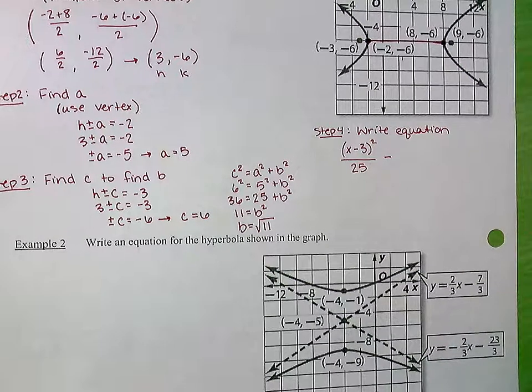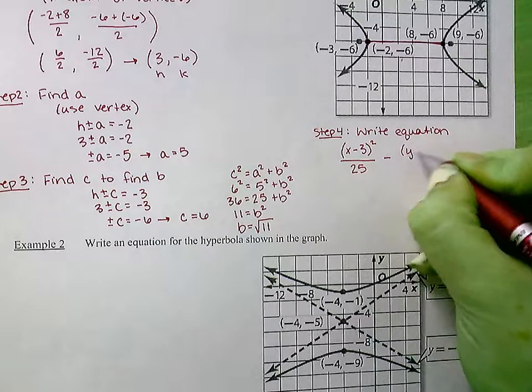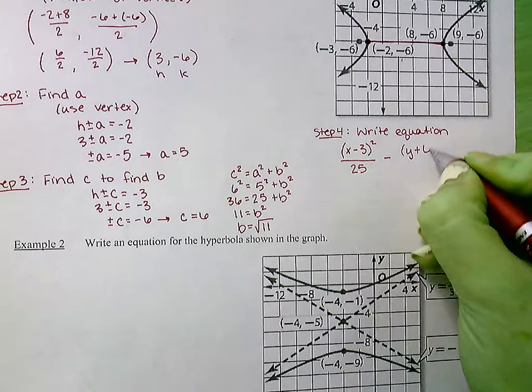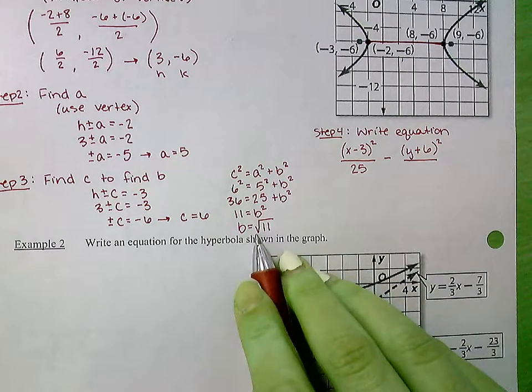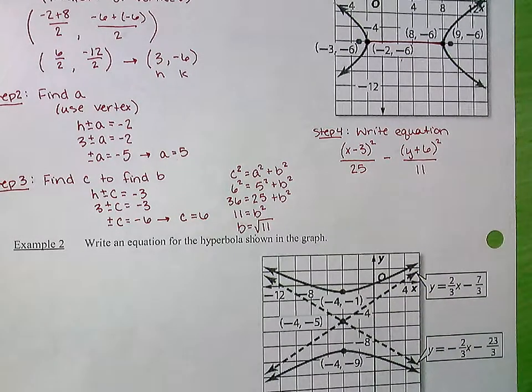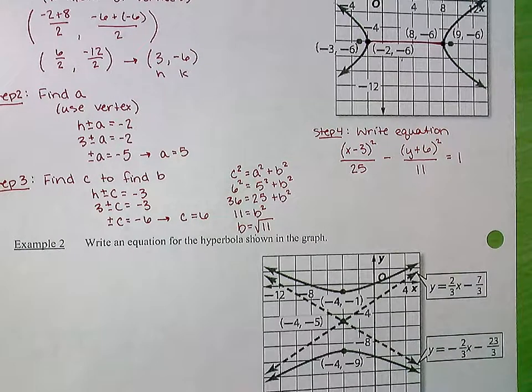Since it's a hyperbola, we're going to subtract. And then we have y minus k. K is negative 6. Over b squared. If I take the square root of 11 squared, those cancel, so I end up with just 11. Okay, and just like with an ellipse, it's always equal to 1. And then that's it.